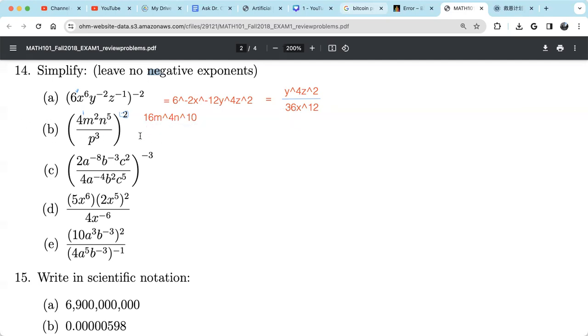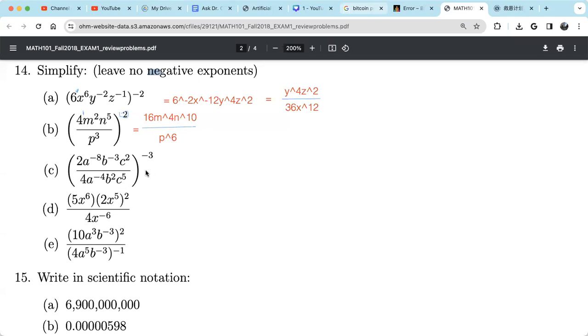In the denominator, we have p raised by 3, then raised by 2. So that's p raised by 6 in the denominator. So let's draw a line in between. So that's the answer for B. Numerator is 16, m raised by 4, n raised by 10. Denominator is p raised by 6.